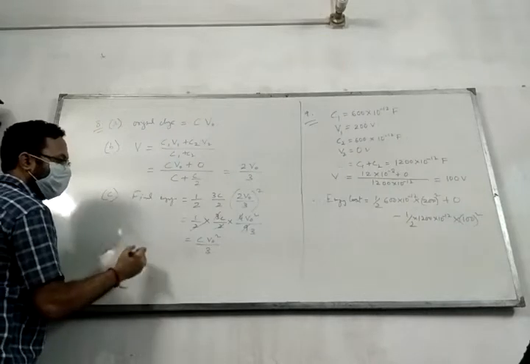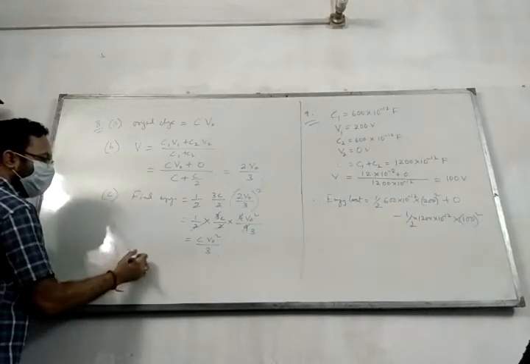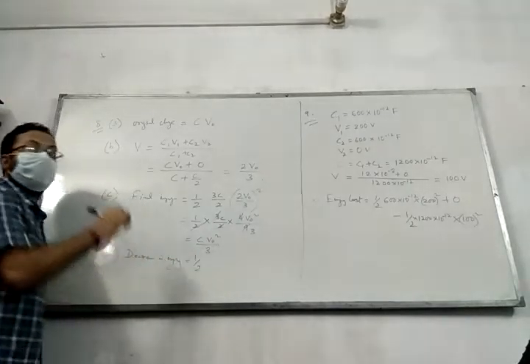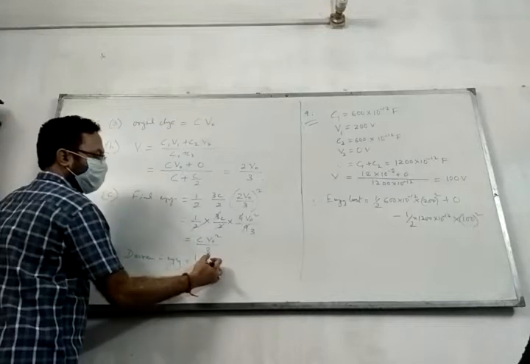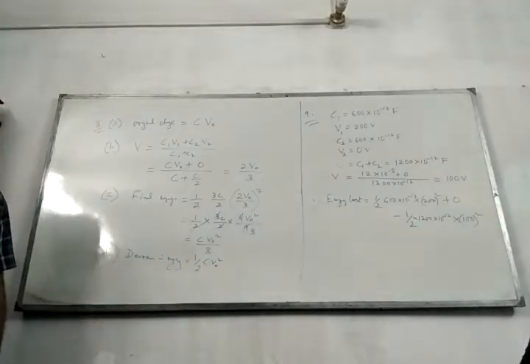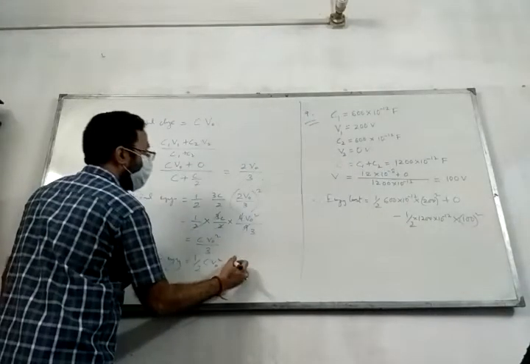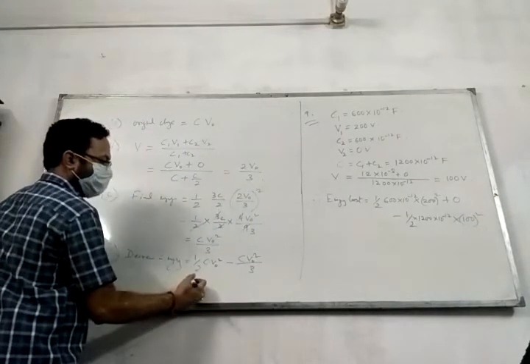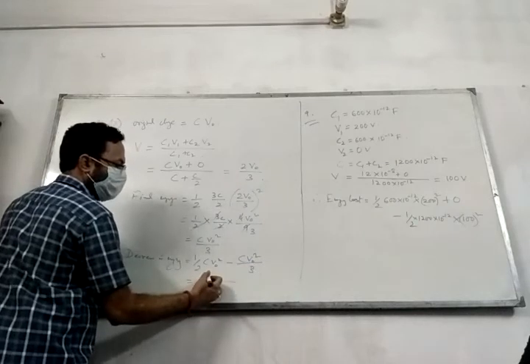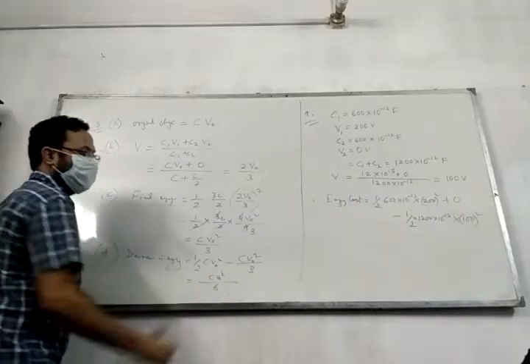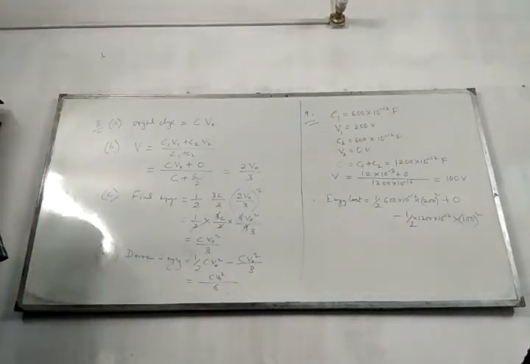The decrease in energy is equal to half C V naught square, since the second capacitor was uncharged, minus C V naught square by 3. So it is C V naught square by 6. This is the decrease in energy.